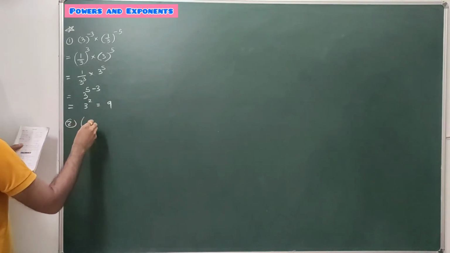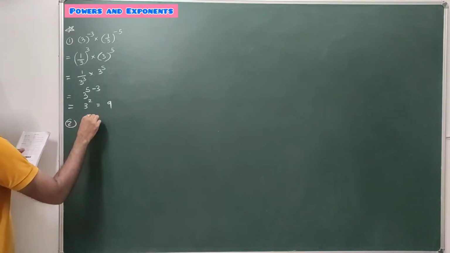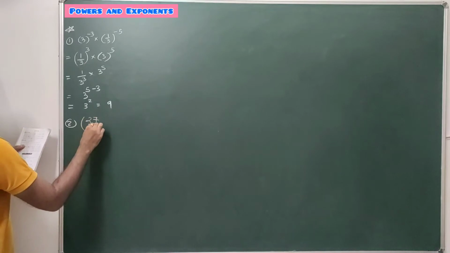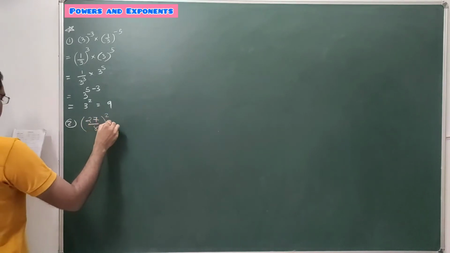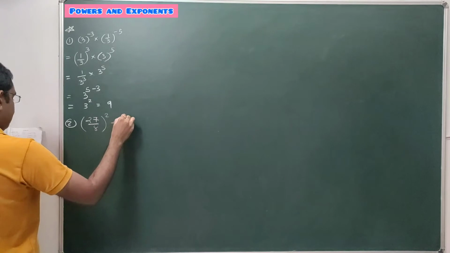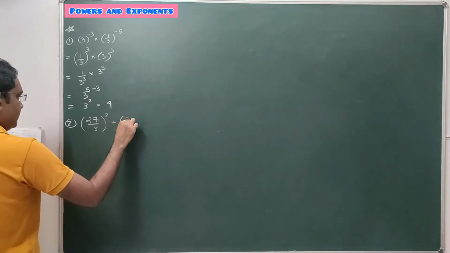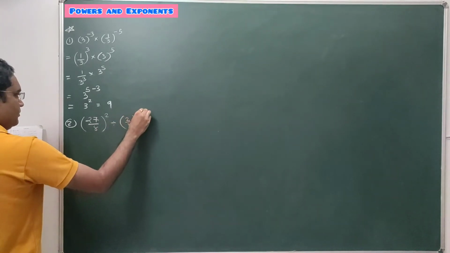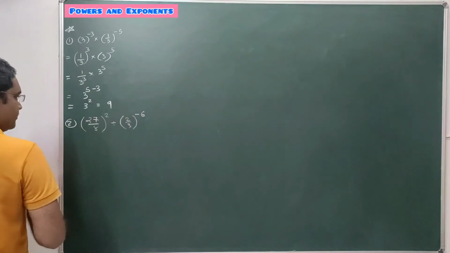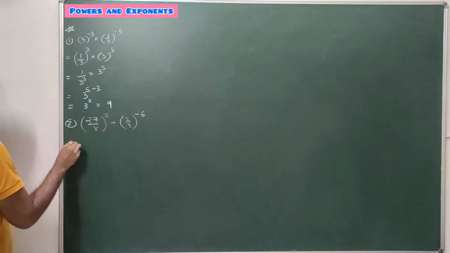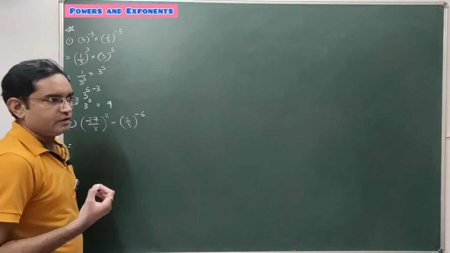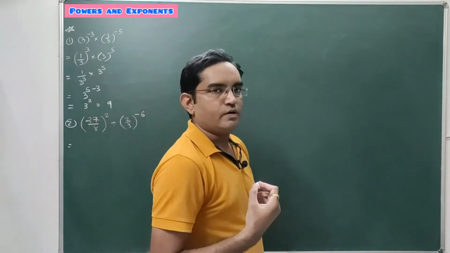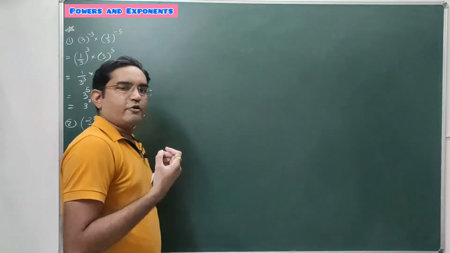Here we are given that (27 upon 8) raised to 2 divided by (2 by 3) raised to minus 6. How to solve this question? So here, to apply the laws of exponent, we require the base of powers in the same format.